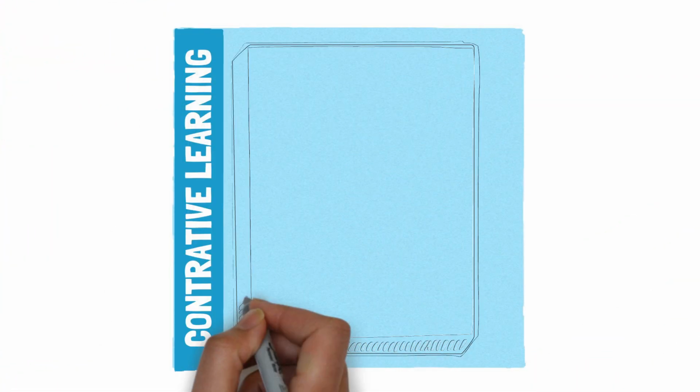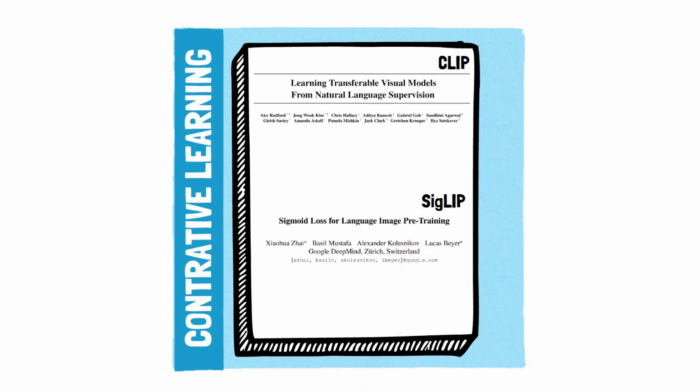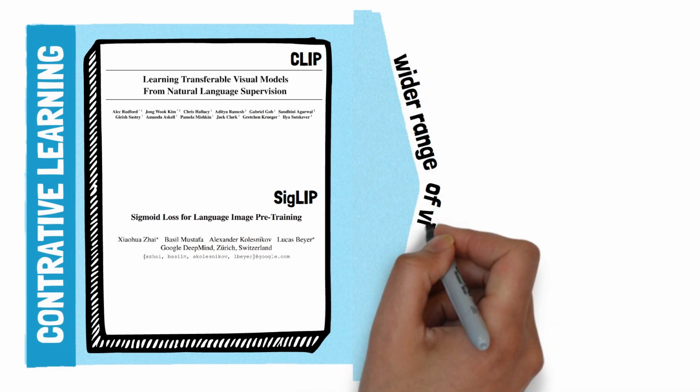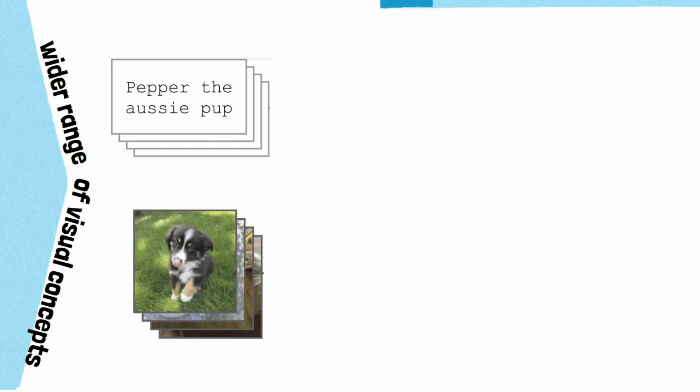These contrastive learning methods are used in models like OpenAI's CLIP and Google's SigLIP, and they're used to train vision encoders that can capture a wider range of visual concepts. In CLIP, the pre-training task aims to predict which caption matches which image in the training set. A batch of images is fed into the encoder to produce hidden representations for each one.